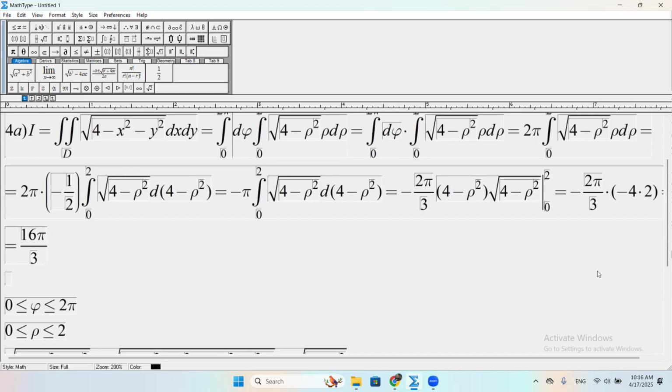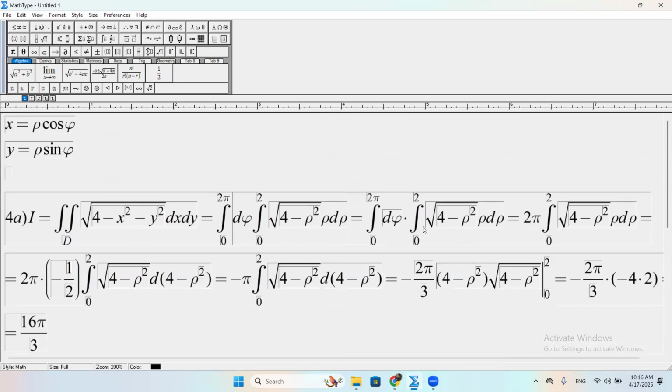And that's it. Any questions about this exercise? Sorry, I've got a question. When can we rewrite the integral as the product? You said we use the product here. Yeah, so when two variables don't depend on each other. Here we have constant limits of integration without variable phi, and also here we have only variable rho.